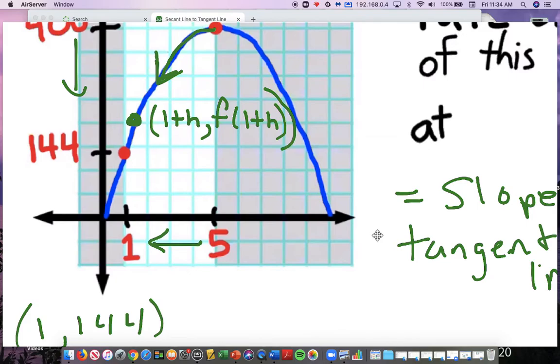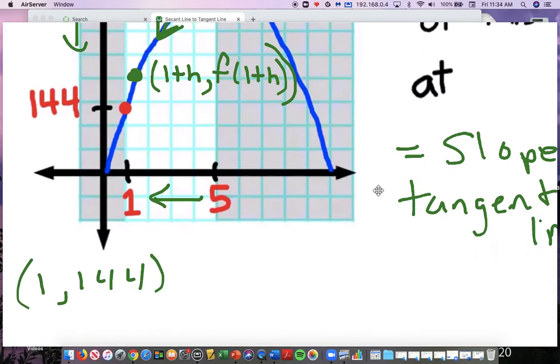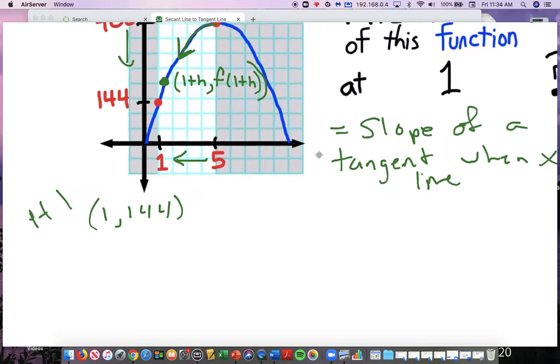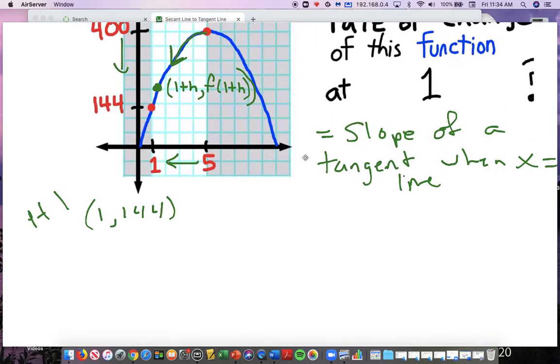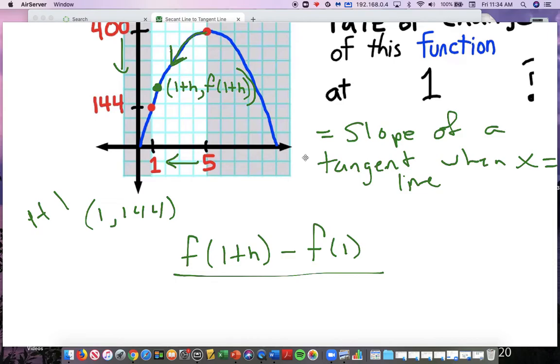Okay, so if I wanted to write the line between those 2 points, wouldn't I do f of 1 plus h minus f of 1, which is 144, divided by 1 plus h minus 1.